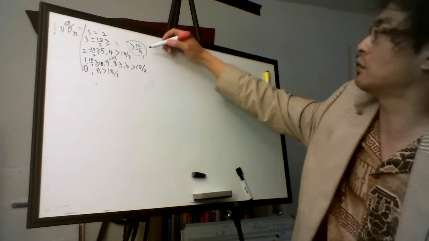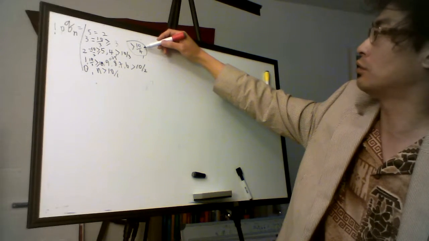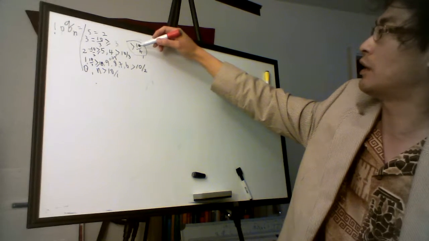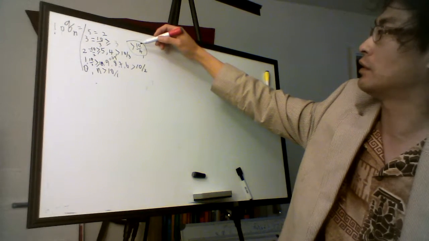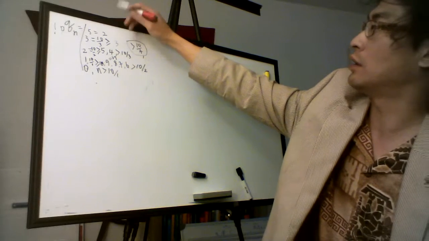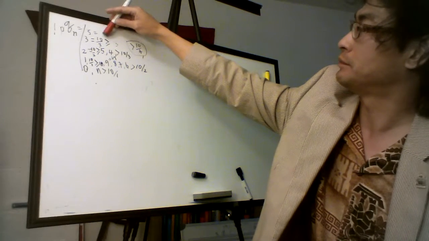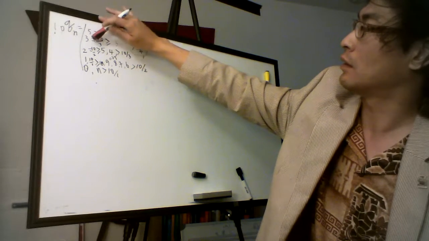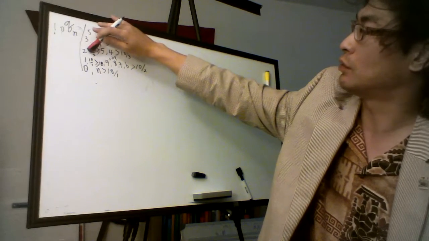Actually, it is correct. This one is 2 point something, 2.5, right? 2.5 is more than 3... no, 3 is more than 2.5, and this one, there's no equality there.